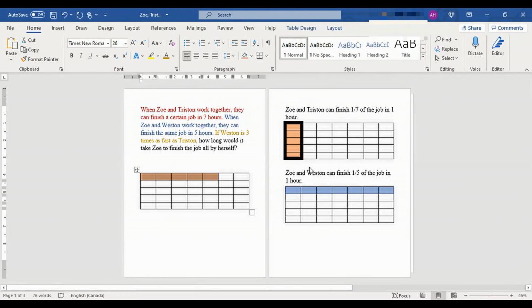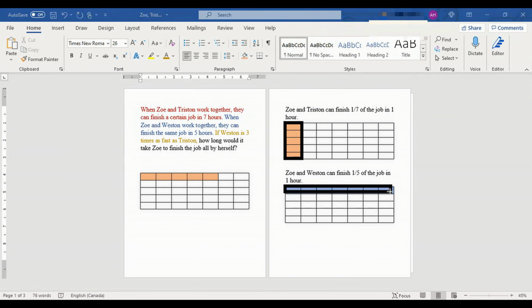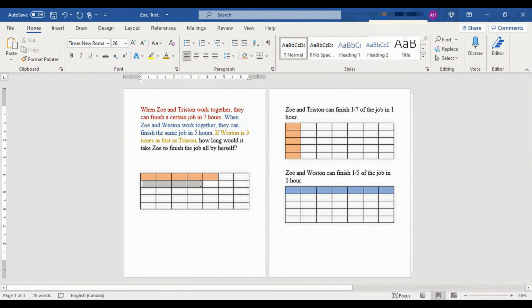And as we can see, Zoe and Weston do 1/5 of the job, 1 row, in 1 hour. And this would be 7 cells. And we'll leave that out as well.